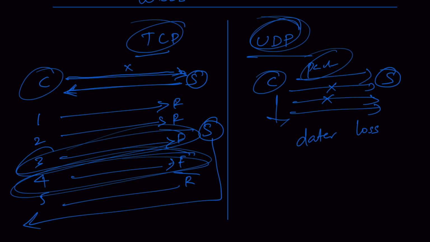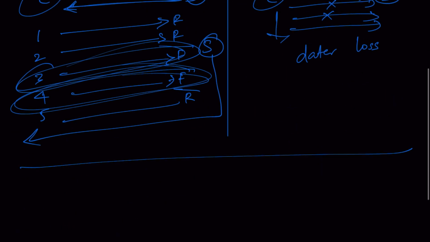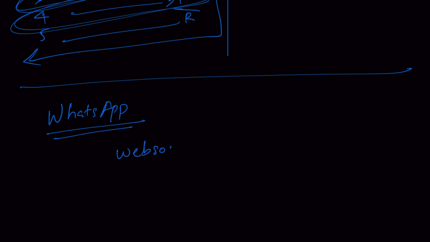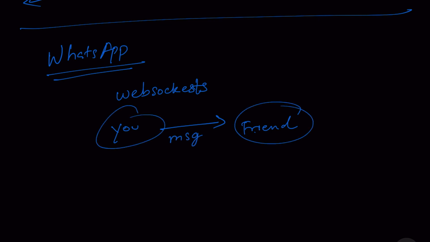And that is the reason why WebSocket uses the TCP protocol. Take WhatsApp, for example: when you send a message to your friend, the message should reach your friend, right?